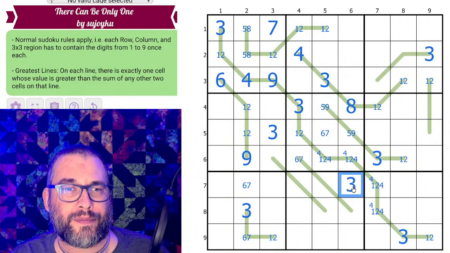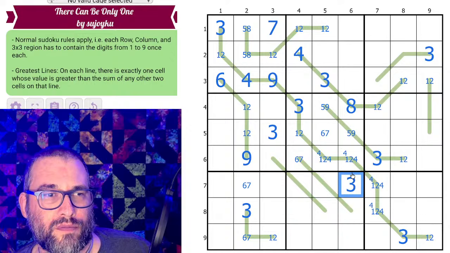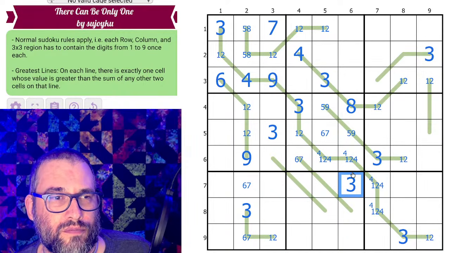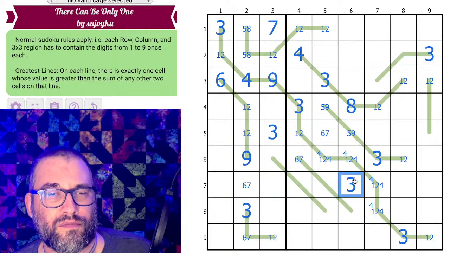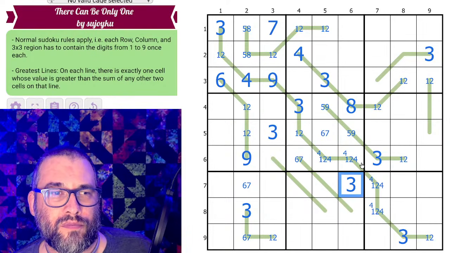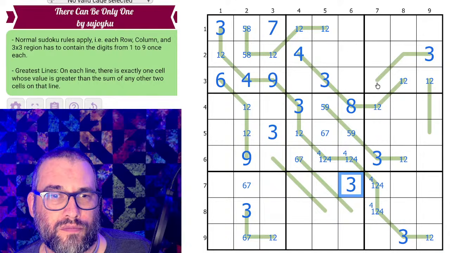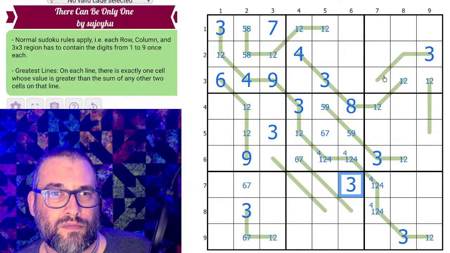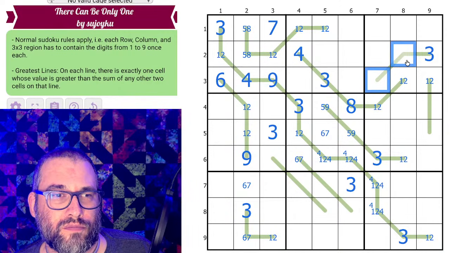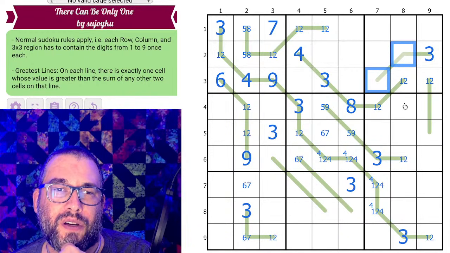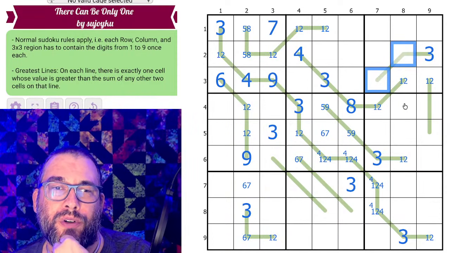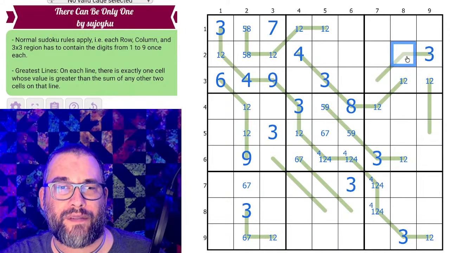And here. We have to ask what these are. No 1, 2, or 4 on this line, so it's 5, 9, and we know the order.